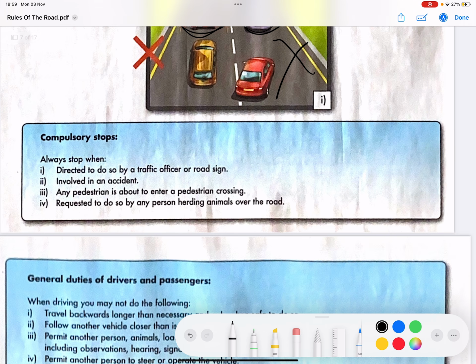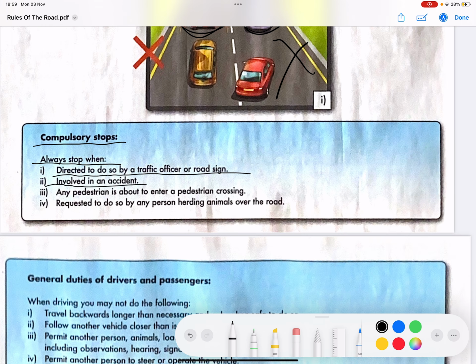Okay? Then you have compulsory stops. There are places where it is compulsory for you to stop. And what are those places? You must always stop when you are directed to do so by a traffic officer or a road sign. If the traffic officer asks you to stop, you stop immediately.